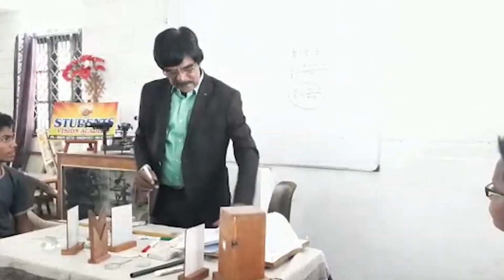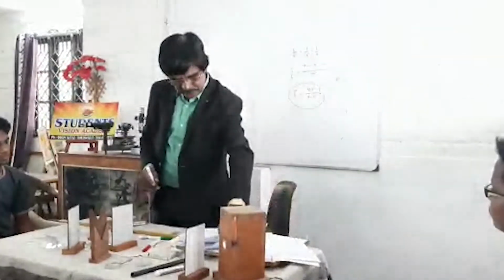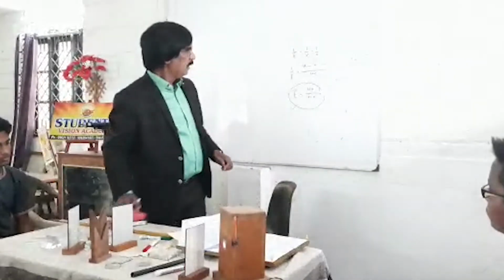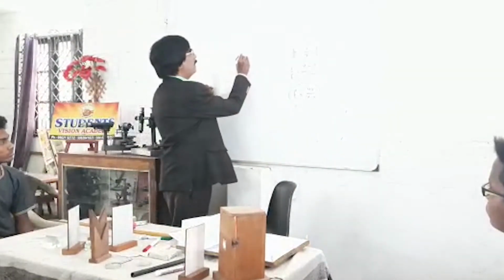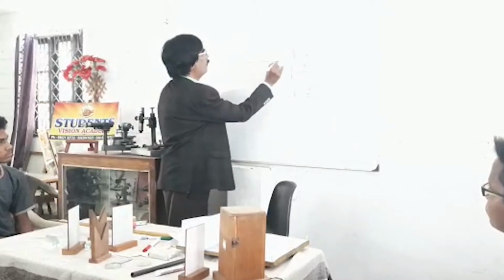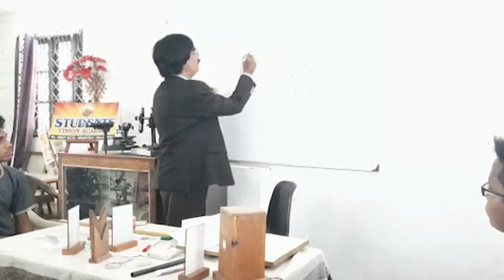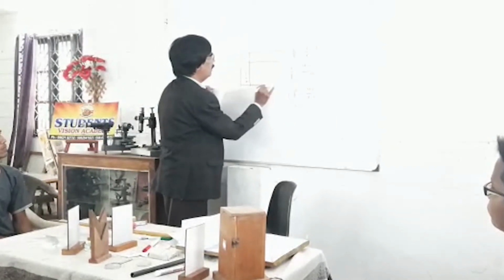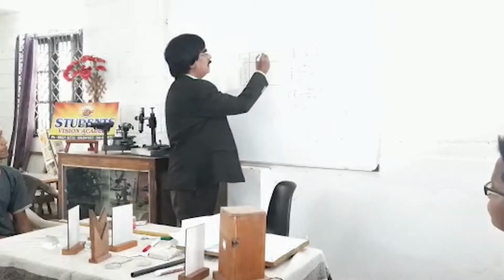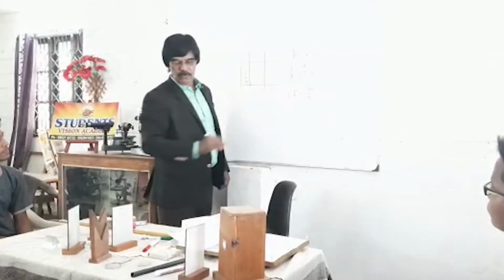Now we'll create a table to perform this experiment. What is the table? A tabular column. Now you take a simple tabular column. Look, serial number, some 2, 3, some 4 or 5, whatever it may be. First, we need what?